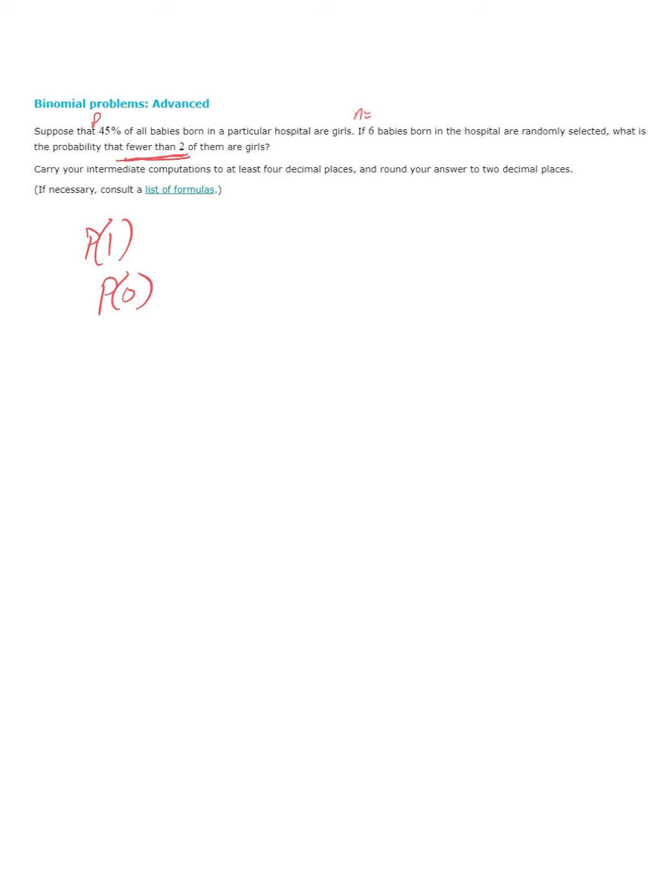So I can do that a couple of different ways. I could use the binom PDF for both of these, to give me those 2 probabilities and then just add them together. Or I could use the binom CDF.